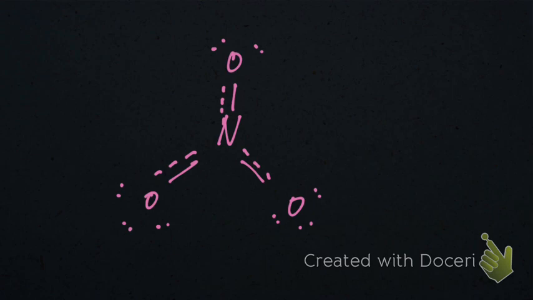So it's really like, and all molecules are going to be very symmetrical. So all of these bonds that the nitrogen has with oxygen, they're the same length. Because single bonds are the longest bonds. Double bonds are shorter but stronger. And triple bonds are even shorter and stronger.